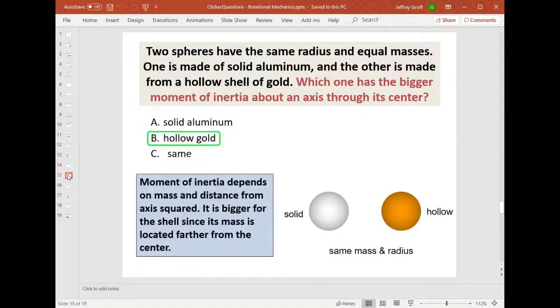Here we go. Which one has a bigger moment of inertia? It would be the hollow gold sphere. What's going on here? So remember, rotational inertia is a product of how much mass you have, but also how far away that mass is from the axis of rotation.